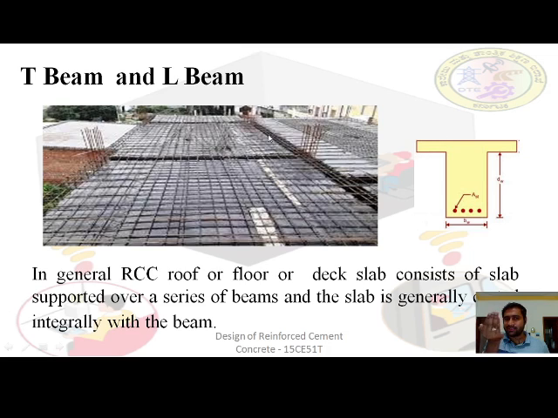Since the beam is sagging and the slab is hogging, the slab will try to hold the sagging beam. There is a difference in the moment, this is sagging moment and this is hogging moment and this is sagging moment. Since there are different kinds of moment, there will be a resistance. This actually helps the T-beam action.